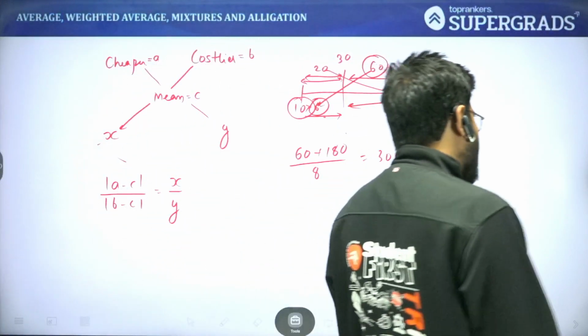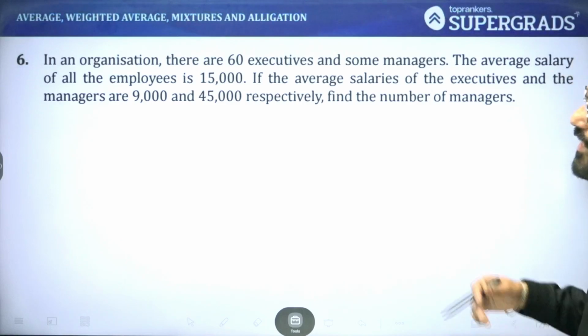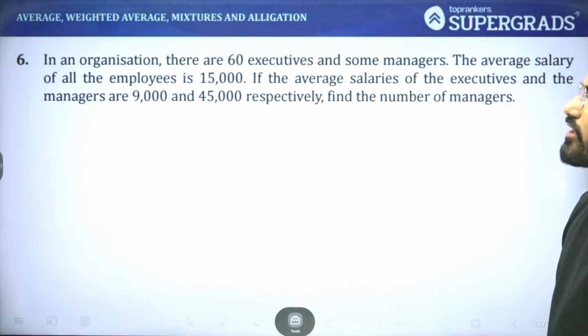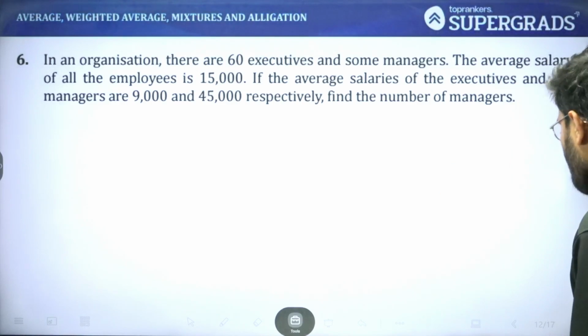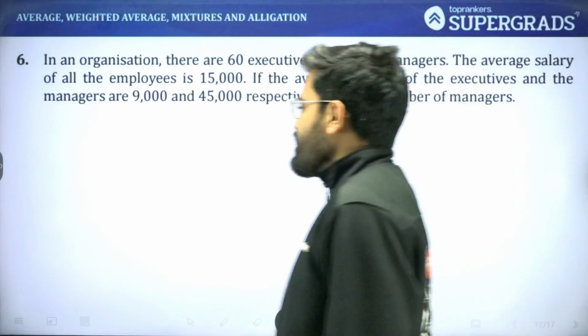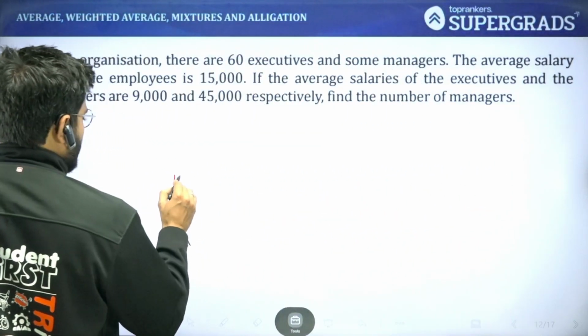And we can apply it in any area. Like here is this question. In this question, they have given that in the organization there are 60 executives and some managers. The average salary of all the employees is 15,000. So average is given as 15,000.